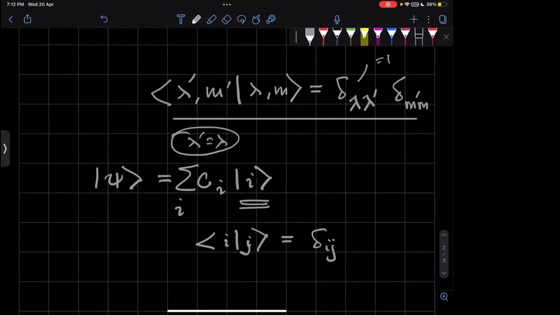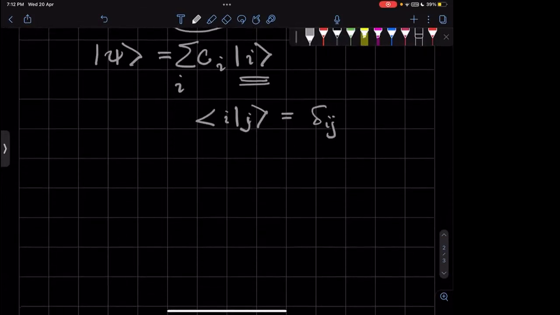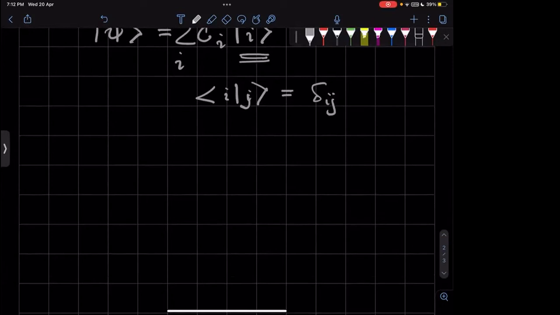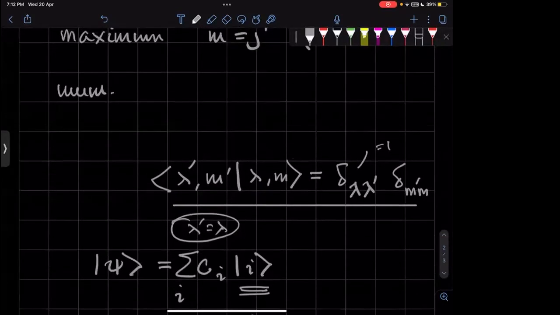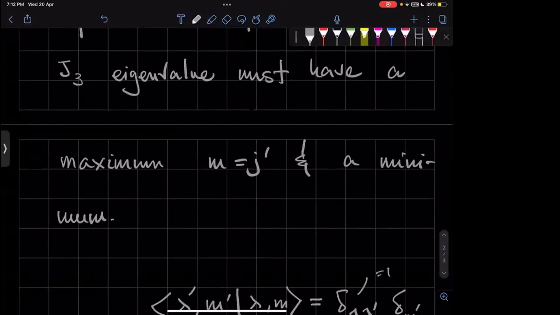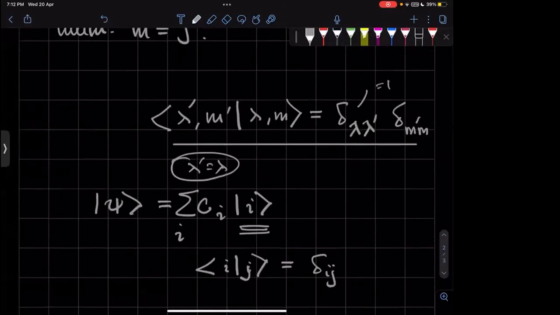All right, so now we use the fact that there is a maximum value of m. Let me call the maximum value of m, not J prime, but J. And the minimum value of m, J prime. So what does this mean?